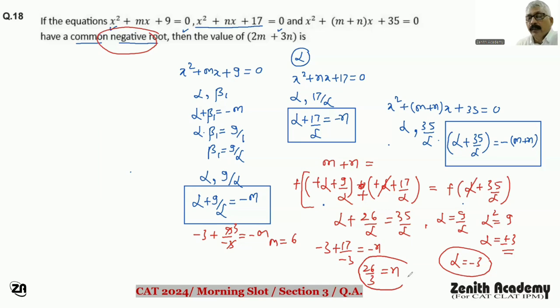So you got n, and what you have to do is find 2m plus 3n. So I think it became easy: twice into m, write 6, plus 3 into n, write 26 by 3, cancel, 12 plus 26, 38 is your answer.